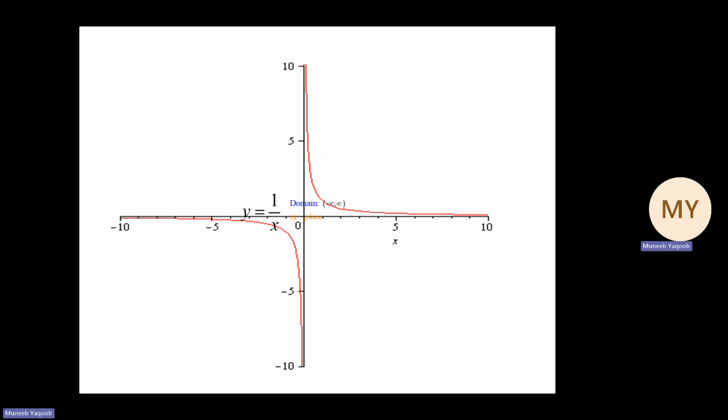One, x equals 0 is not allowed, which makes it undefined. And the two other inputs are positive infinity and negative infinity. Other than these three input values, all values are allowed. So the domain of the reciprocity function is from minus infinity till 0, but 0 is not allowed, and from 0 till infinity, but 0 and infinity both are not allowed.